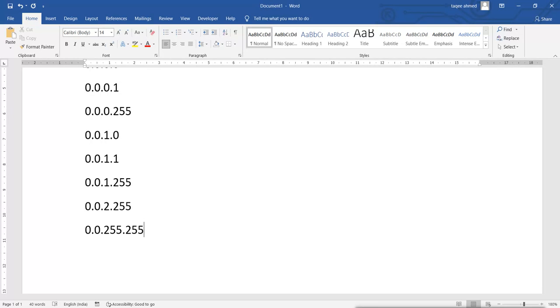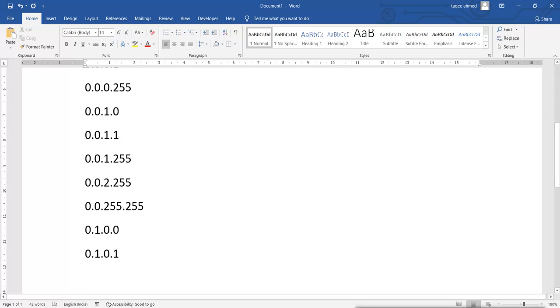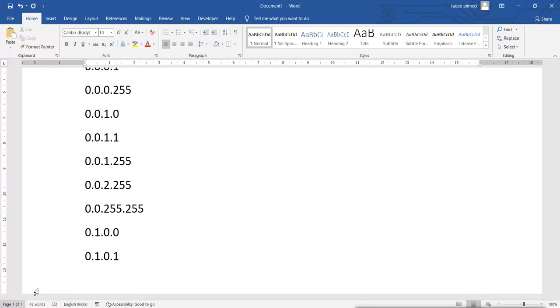Now what happened? After 59, after 60 minutes, what you will get? 1 hour. So same as here, it will change 1 here and then it will become 0, 0 again. And then it will start again from 1.0.1, and then it will go on to 1.0.1, then 1.0.2, 3, 4, 5.